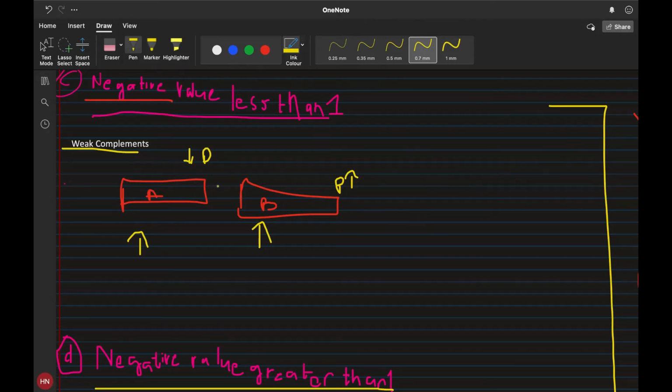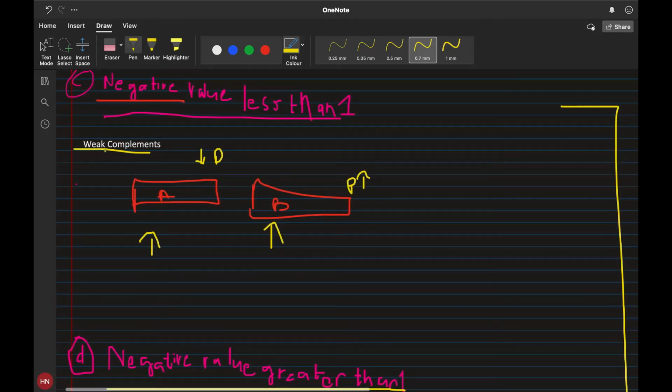But at the same time, since they aren't necessarily consumed together, as we describe them as weak complements, the demand won't really go down by a lot, and so the change in demand will be low.